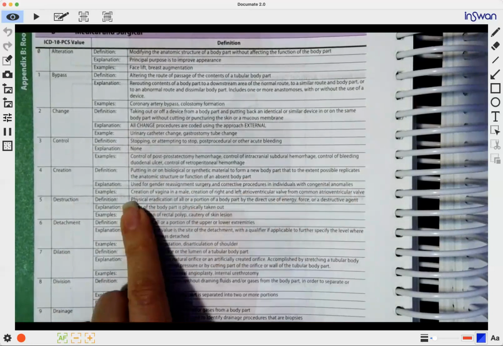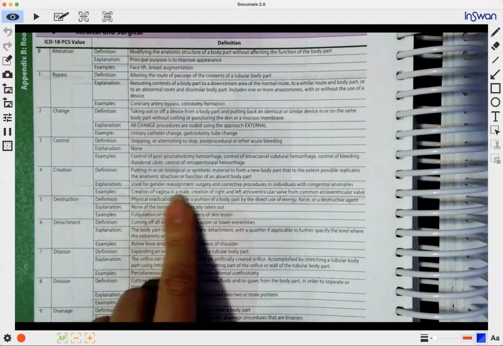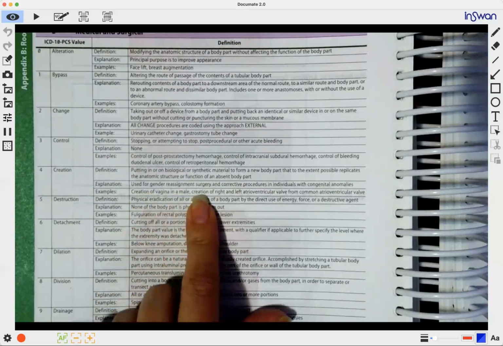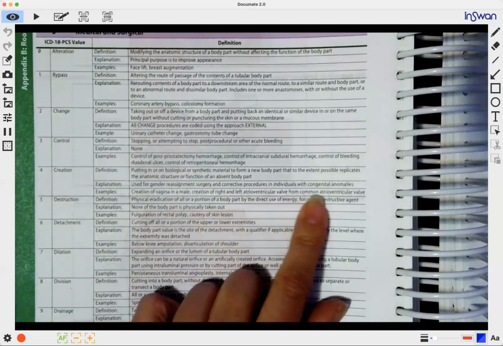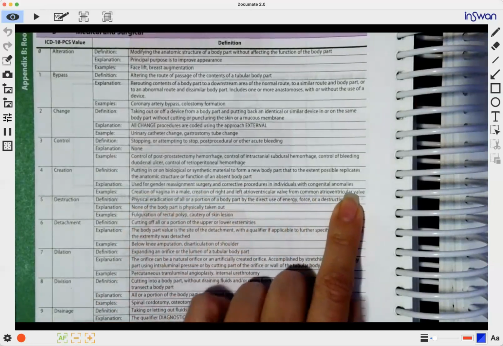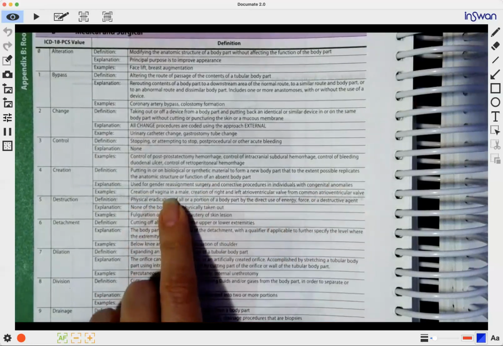So they have to create a new body part, see? So creation of a vagina in a male, creation of right and left atrioventricular valve from a common atrioventricular valve. So that would be a congenital anomaly versus a gender reassignment.